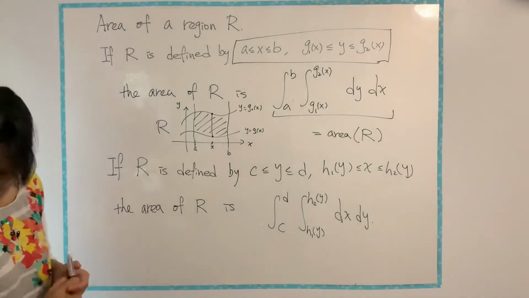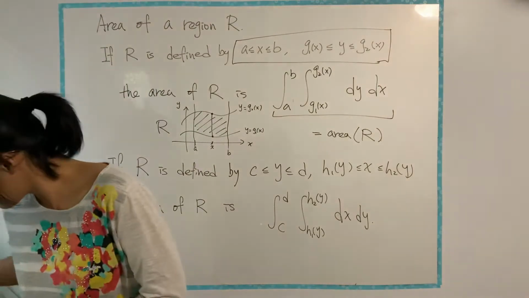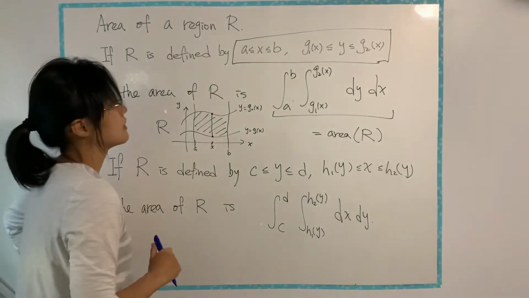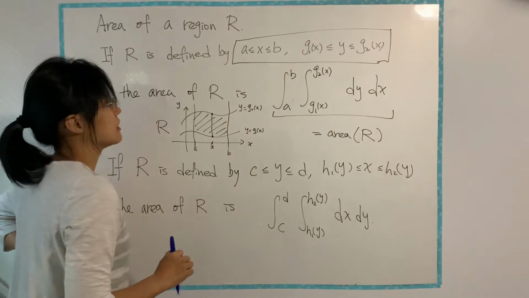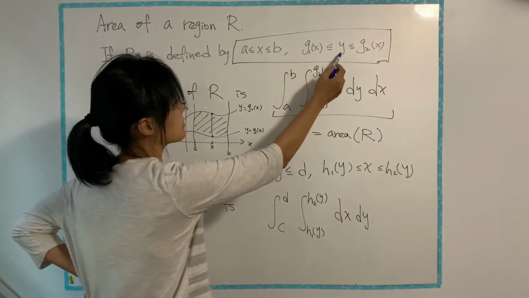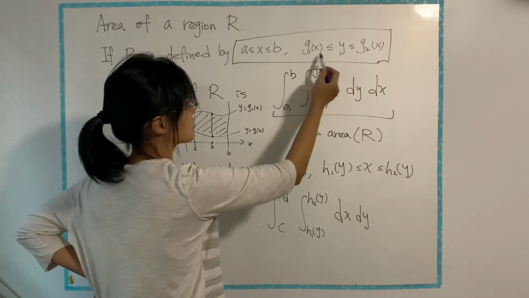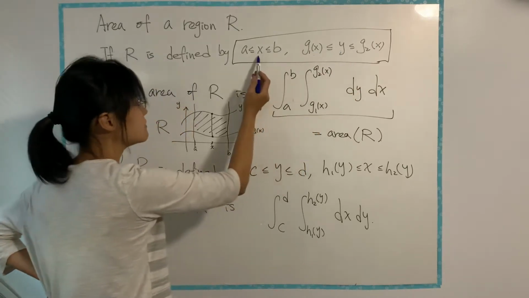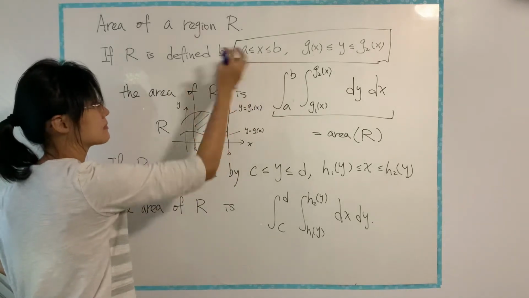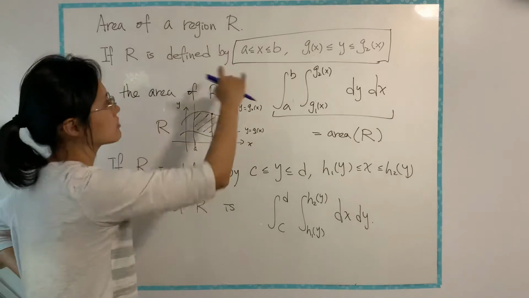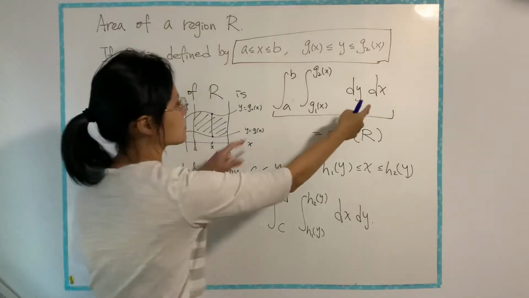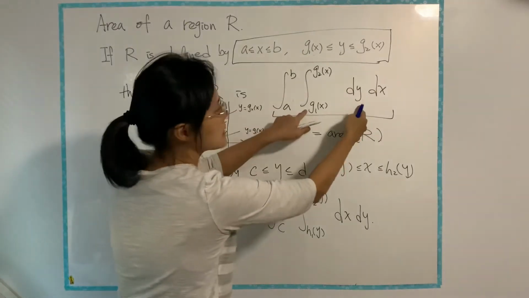And here we want to pay attention to the order of integration. Here I have one variable bounded by two functions, and the other variable bounded by two constants. So I always want to write the one that's bounded by constants only outside, and the other one inside.